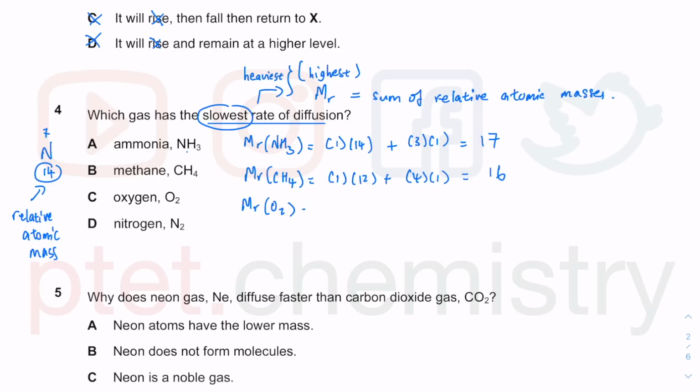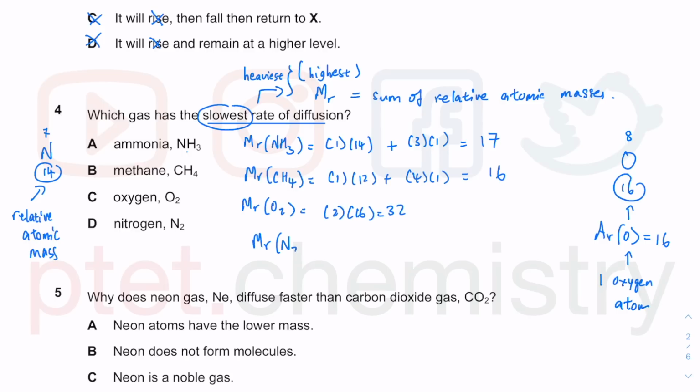MR of O2. In the periodic table, what you get is 8 and 16. Remember that this 16 is for one oxygen atom, as shown in the periodic table. However, the oxygen that we are breathing in from the air exists as a diatomic molecule, 2 atoms bonded together. So I need to do 2 times 16, which is 32.